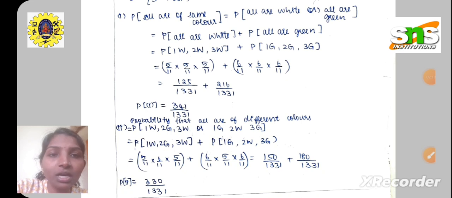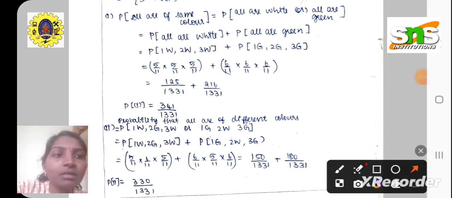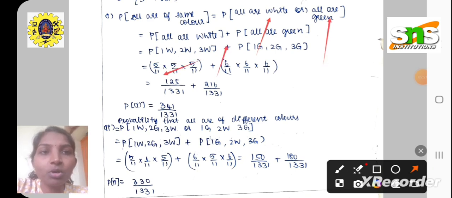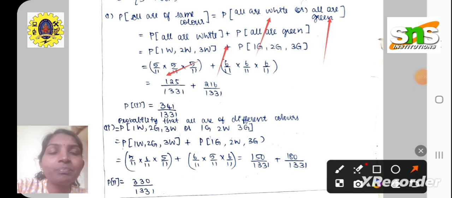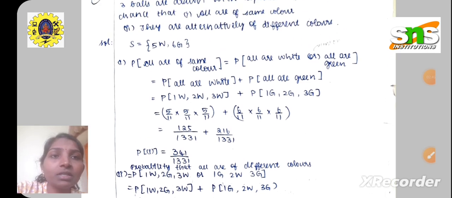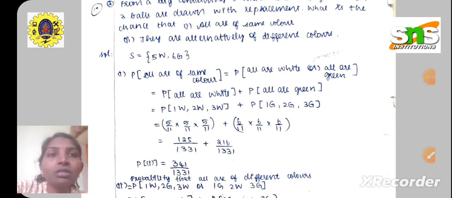Since we have all the probabilities together, we have the multiplication symbol, and either this may happen or this may happen. Therefore, we have plus in the middle. Now on simplifying, the probability that all are of the same color is 341 by 1331. So this will be the probability value for the first question.